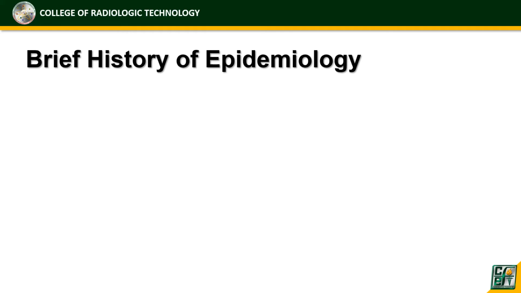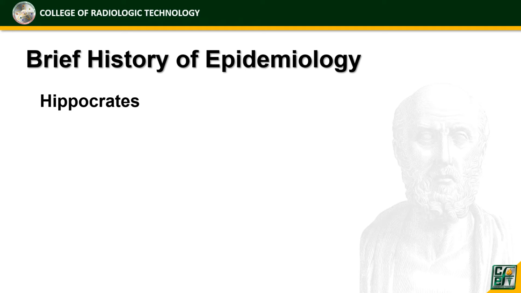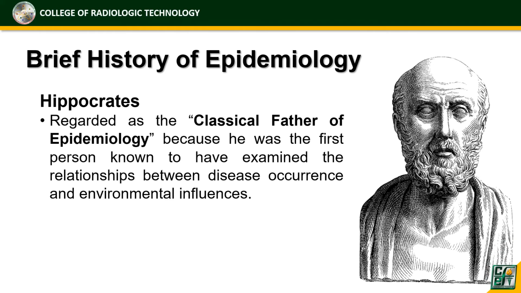Now let us go to the brief history of epidemiology. It all started with the father of medicine, Hippocrates. He is also regarded as the classical father of epidemiology because he was the first person to have examined the relationships between disease occurrence and environmental influences.